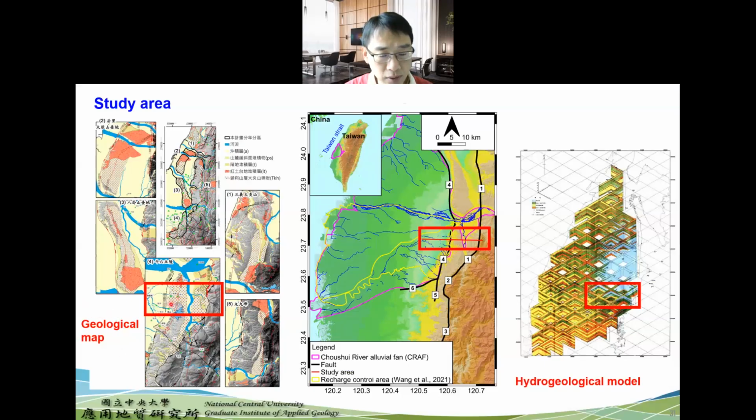They have the Toukoshan formation, the colluvium and alluvium, and the mountains, with some rivers penetrating. From the hydrogeological information, you can see that in the proximal fan area you commonly have more gravels, then coarse sands, fine sand, and clay interbedded. This is the geological structure proposed by GSMMA.